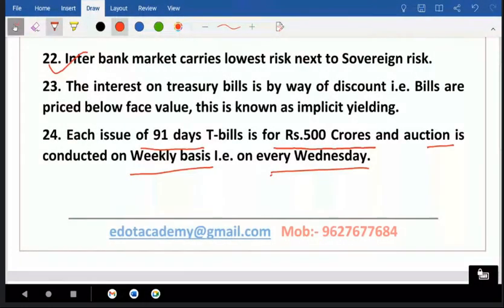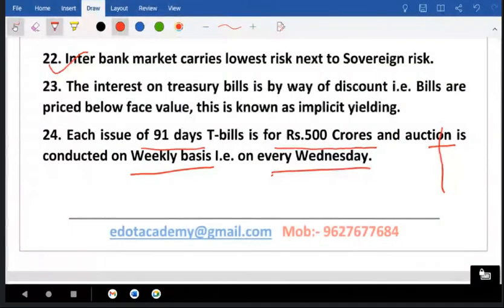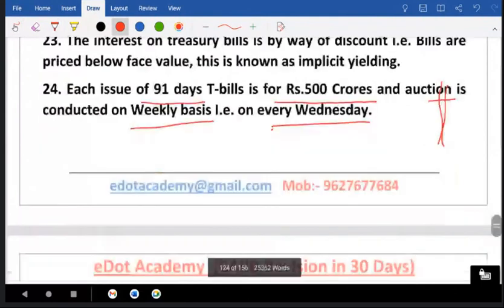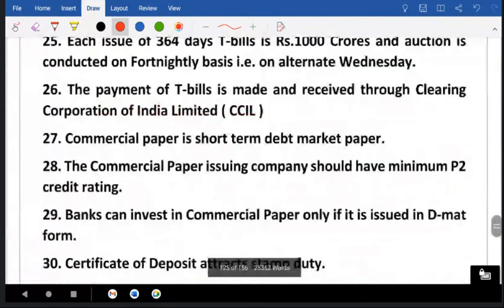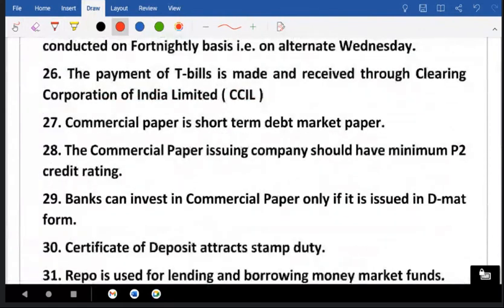Similarly, the 364 days auction is carried out fortnightly, that means every alternate Wednesday. And payment of treasury bills is made and received through the Clearing Corporation of India Limited, CCIL. So CCIL is the main agency through which the payment of treasury bills is made or received.